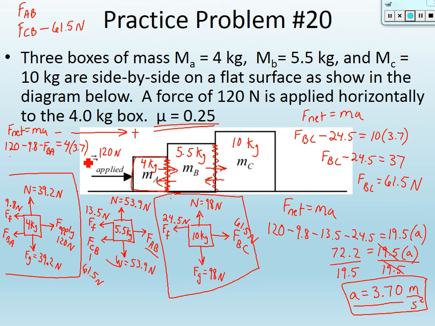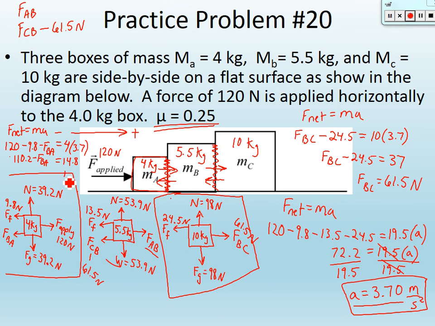Let's simplify that. That's 14.8. 120, subtract 9.8, is 110.2 minus the force that B puts on A is equal to 14.8. Now I need to get this force that B puts on A to the other side because it's negative here. If we add it to both sides, won't it be positive on this side?